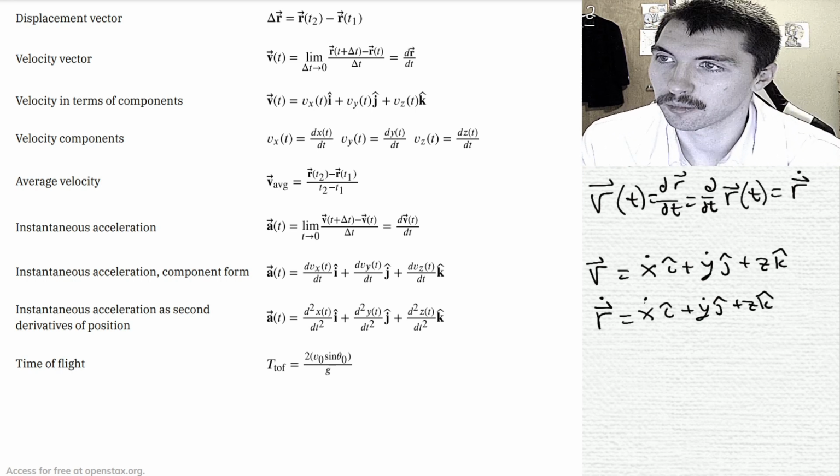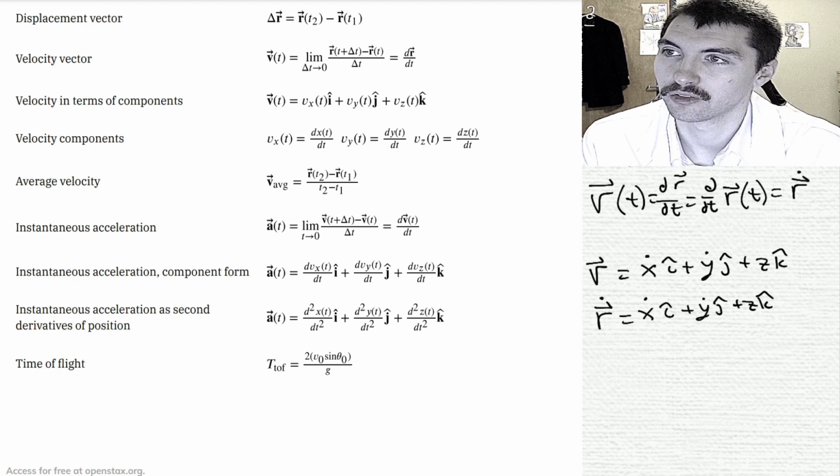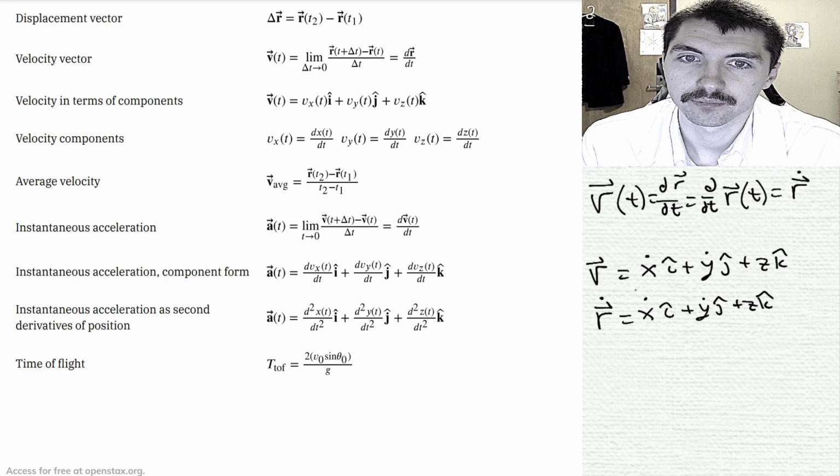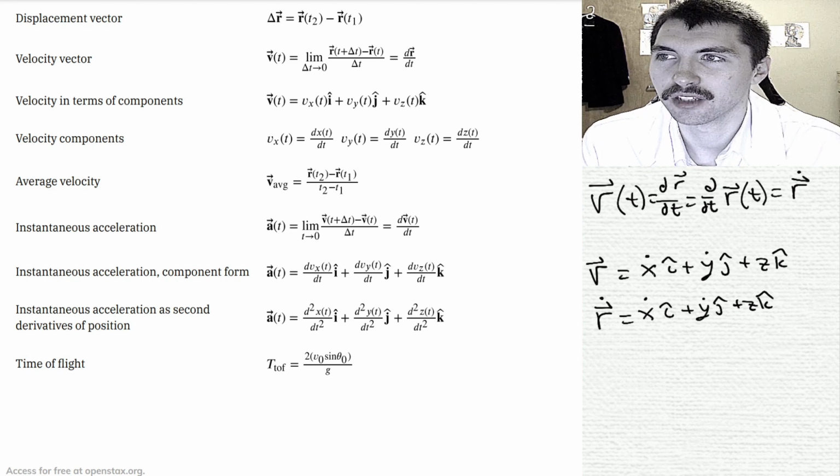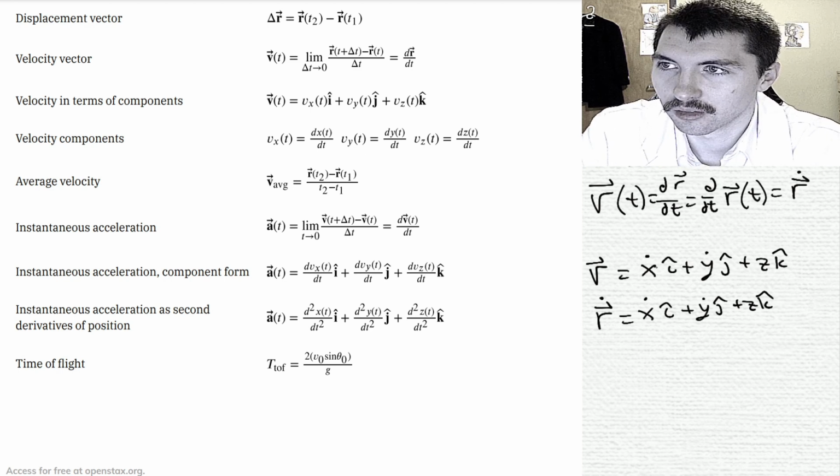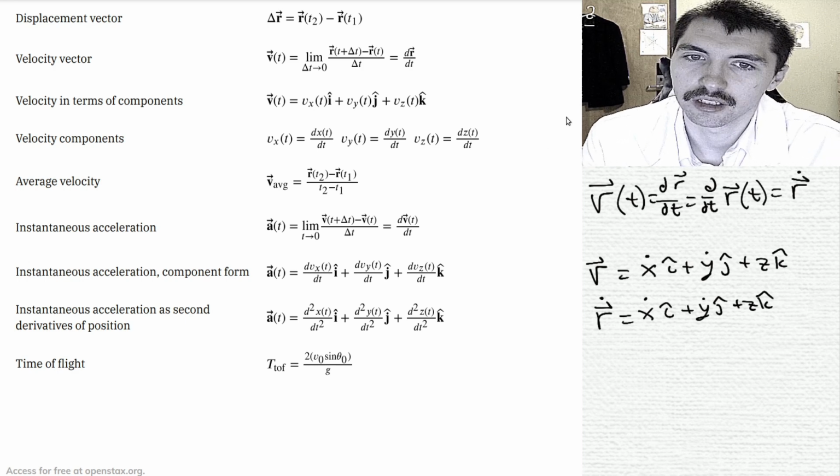These are all saying the same thing. Velocity is the derivative of the position function. And I've omitted the t's. When I say dot this, there's a t here, but that's kind of implicit.